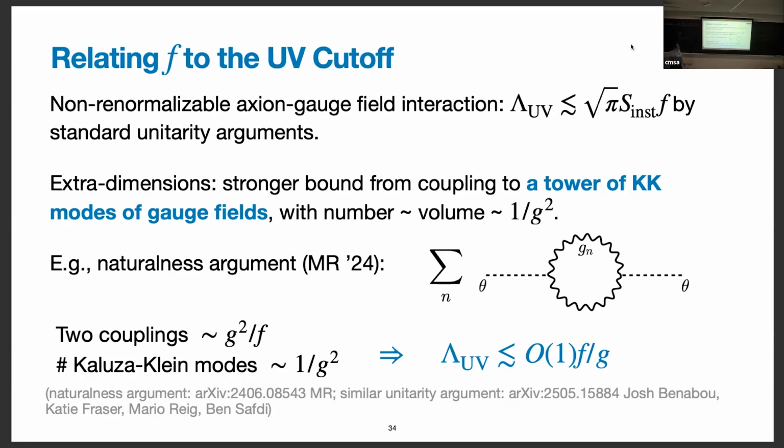And parametrically, this gives you a bound that the UV cutoff of this axion gauge field interaction is smaller than something like F over g. S is 8 pi squared over g squared, so square root of S scales like 1 over g. The exact number you get in front from this kind of argument is not quite as strong as what I was quoting to you, but at least parametrically gives you a similar result.